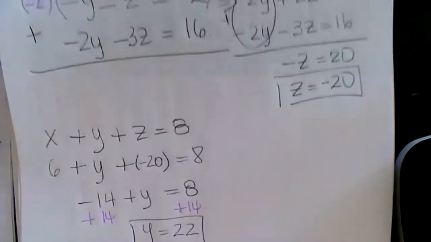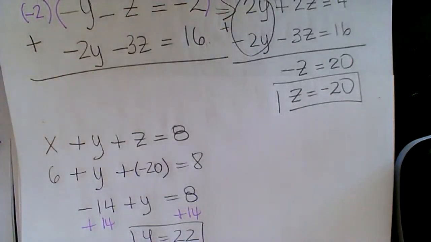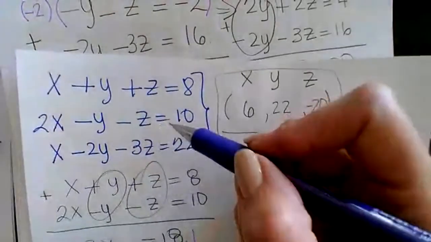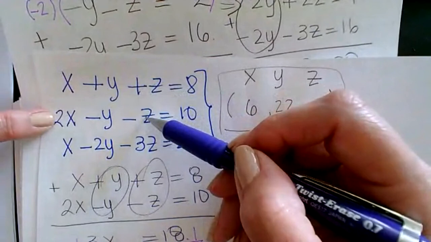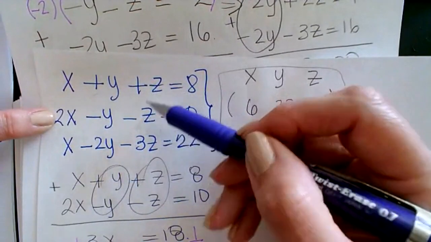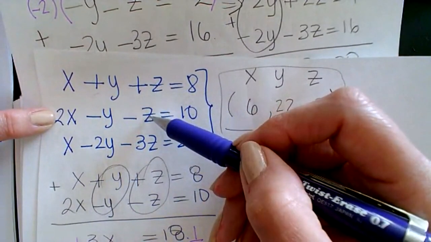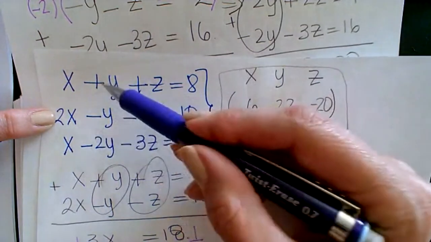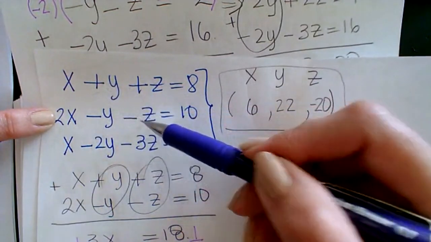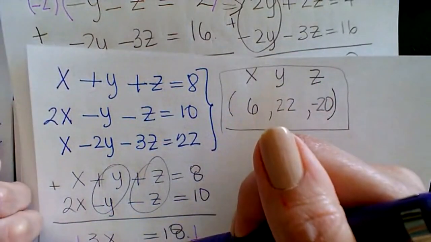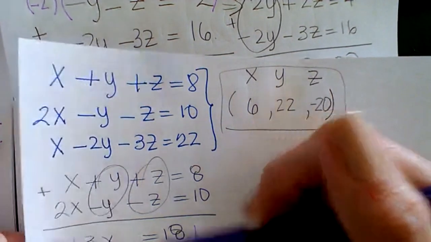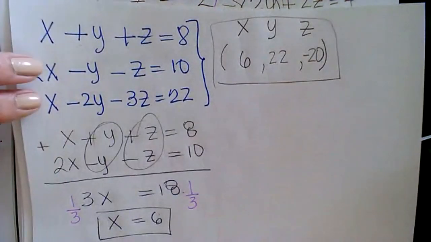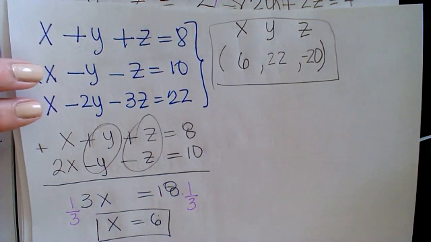Okay? So first, my first step was I took these two equations and I added them, canceling y and z, having the x equal to 6 right away. So then I went back and replaced it on two of these ones, okay?